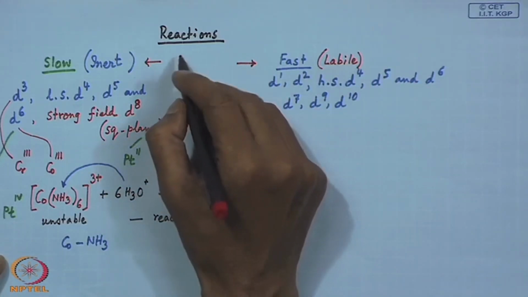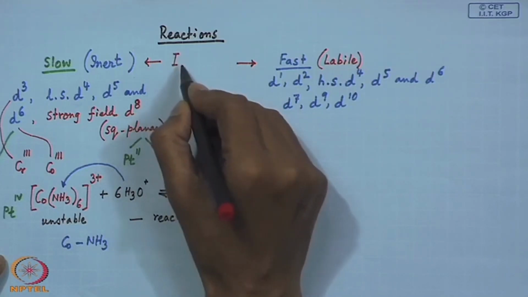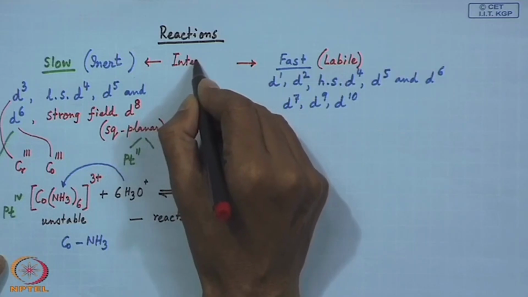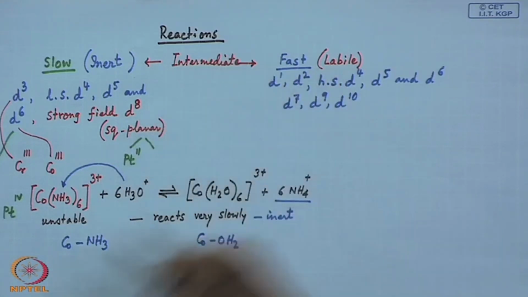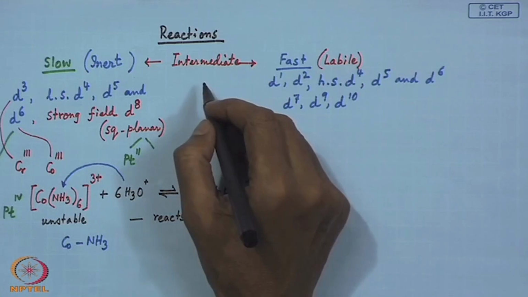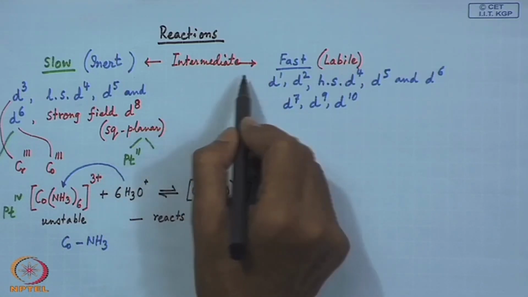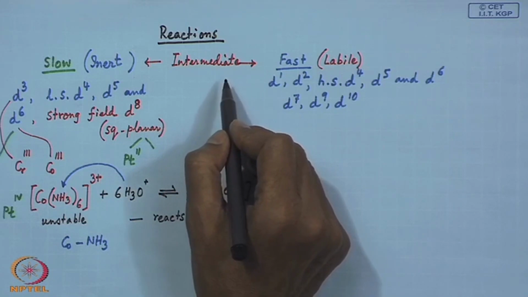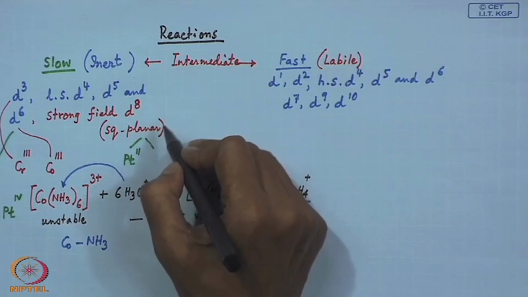But some of these molecules can also come as intermediate between these two ranges. So the metal complexes can show some intermediate reactivity pattern or reaction rate. Kinetics tell us that it will have some intermediate rate of reaction for ligand substitution reactions.